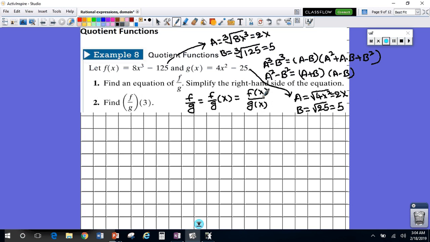Alright, f of x over g of x. We already got your a and b. Just plug them into the formula.